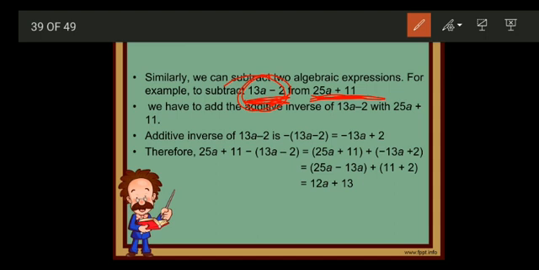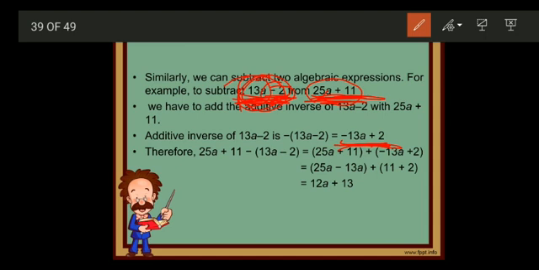Here see each term of this expression. The first term has a positive sign, so we change it to negative. And the second term has a negative sign, we change that to positive. Then we'll get the additive inverse. Then add the additive inverse and the algebraic expression from which we have to subtract. So if we add the 25a plus 11 algebraic expression and the additive inverse of the given expression, we'll get the answer.